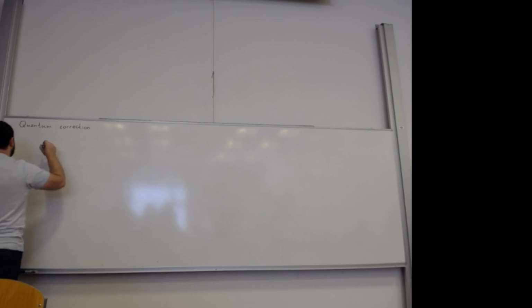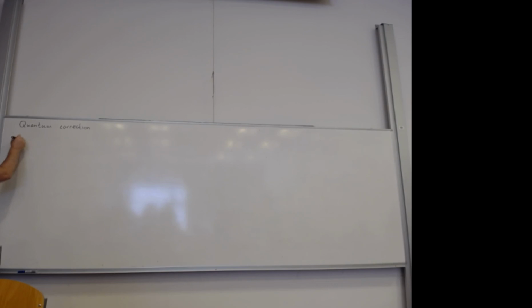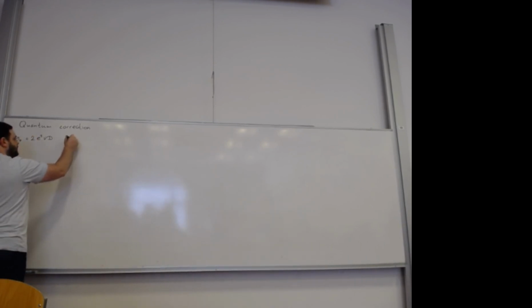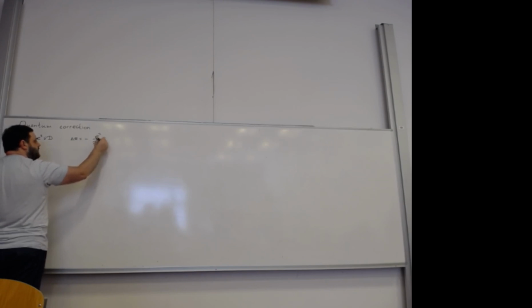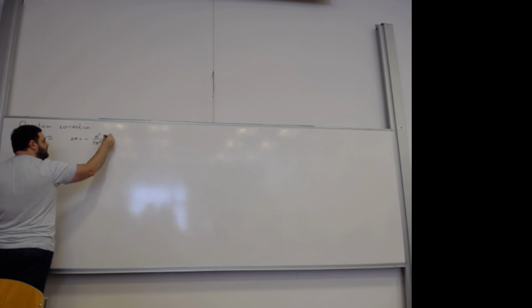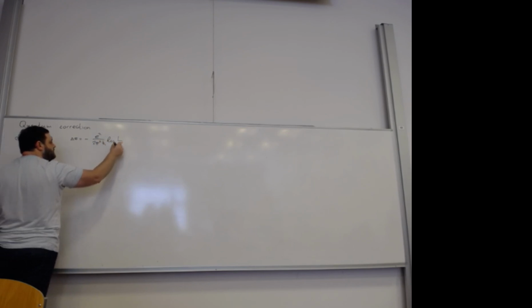So first of all, there is a classical conductivity sigma 0, which is e squared nu D, and if we take spin into account, it has a factor of 2. The correction to this conductivity was negative, and it was e squared over 2 pi squared h-bar times the logarithm of the system size.